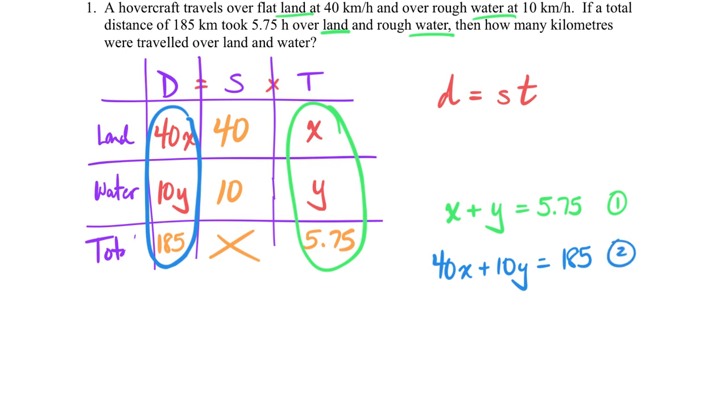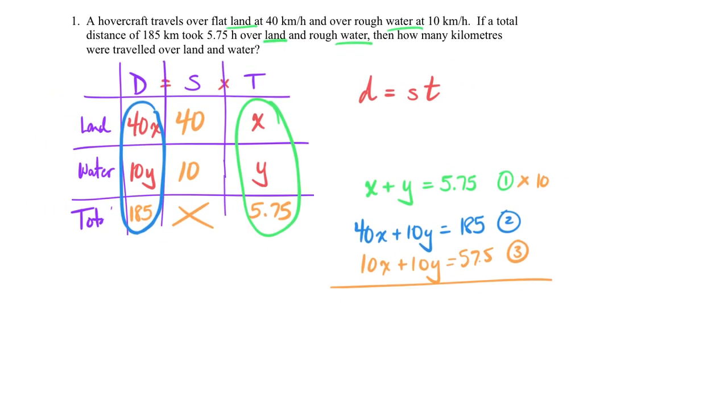And there's equation 2. Okay, 2 different ways to get there. Now, you'll notice that because we created a system, we put no effort in early, it's going to require extra work now. I would hope that we would just use elimination and maybe multiply equation 1 by 10. That's going to give you a 10x plus a 10y equals 57.5. That's now equation 3, and we should be good to solve that.